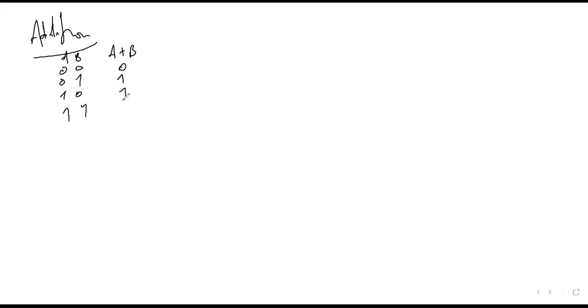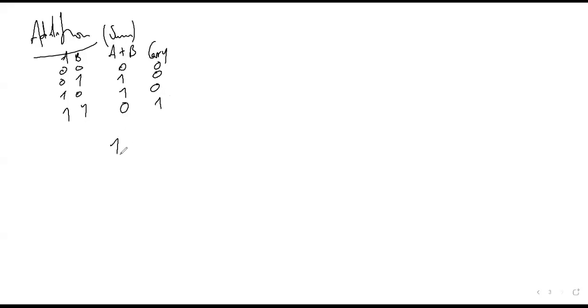When you add 1 and 1, you get 0, carry 1. So this is the sum, and this is the carry. This is the basics. If you understand this, then you know binary addition.